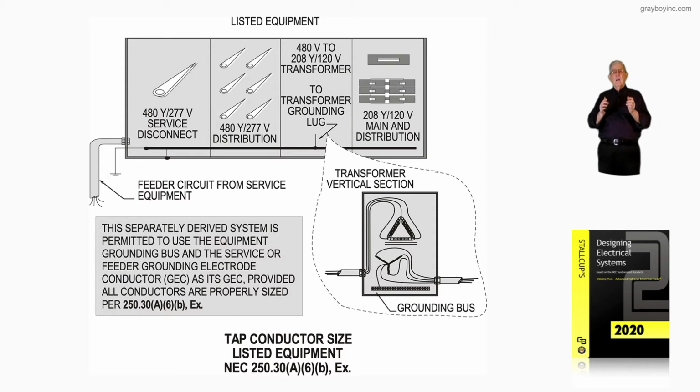You could ground everything into the grounding electrode system, but you would have to take that transformer secondary, say, and connect it to the structural steel in accordance with 250.30(A)(1), somewhere in there, or (A)(5), where you'd have either a single or multiple type transformers.